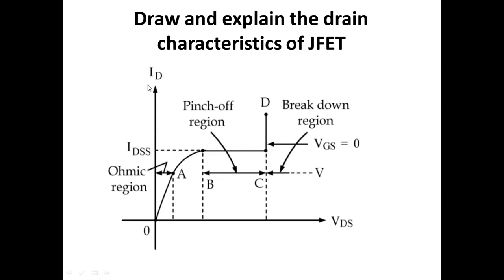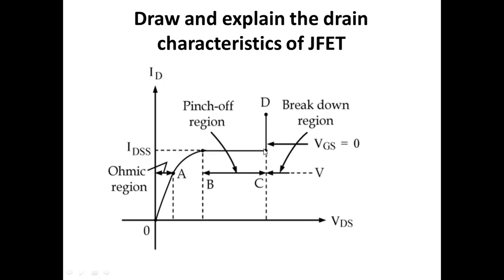In order to understand these drain characteristics of the JFET, when the VGS is 0 and some maximum voltage VDS is applied, a sharp breakdown occurs here. So in this sharp breakdown, the ID increases rapidly.